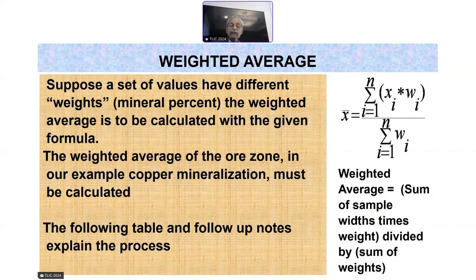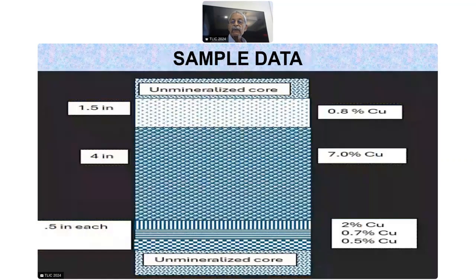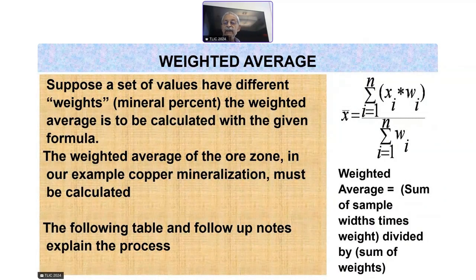Weighted average is the sum of sample width times weight, where weight is nothing but the mineral percentage. These are the weights. Weighted average is the sum of sample width times weight divided by the sum of widths.